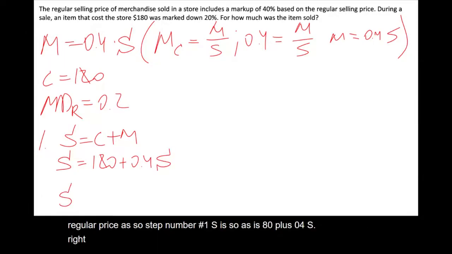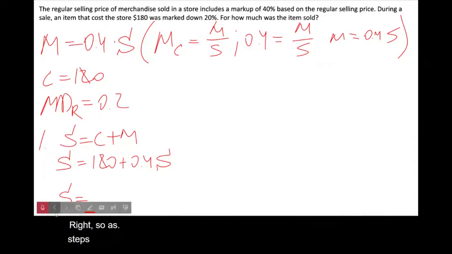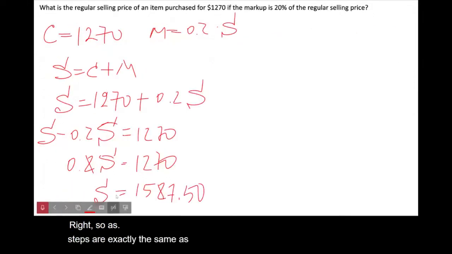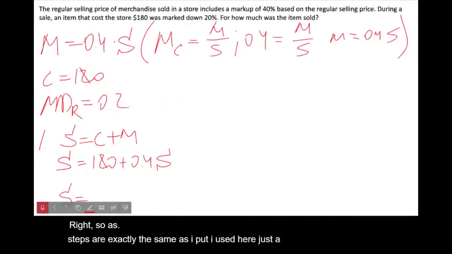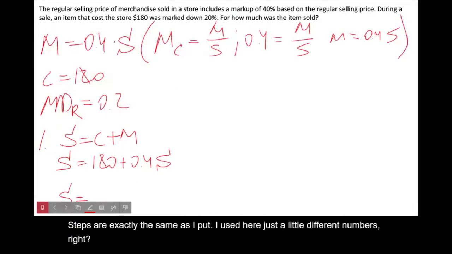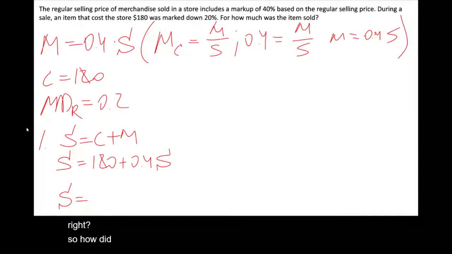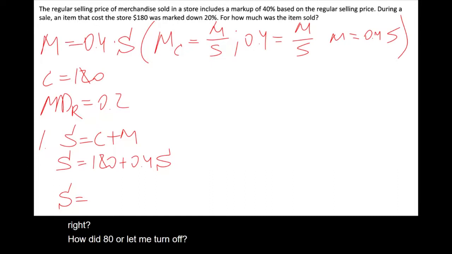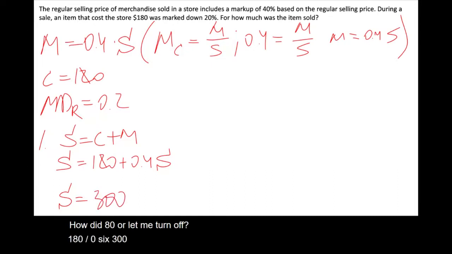The steps are exactly the same as I used here, just slightly different numbers, right? So 180 over 0.6, $300.